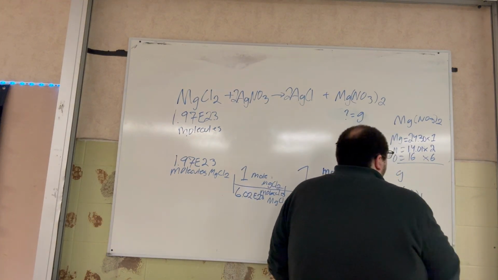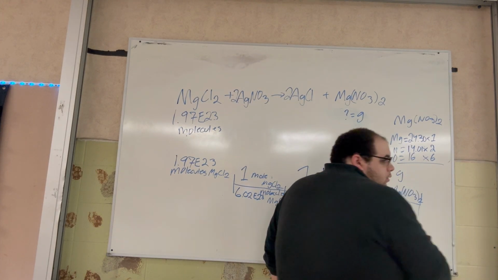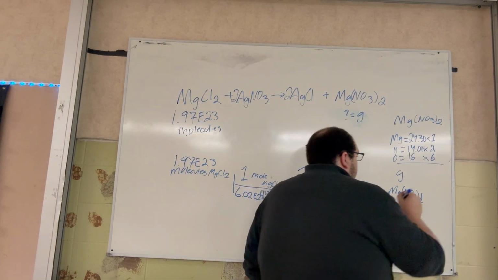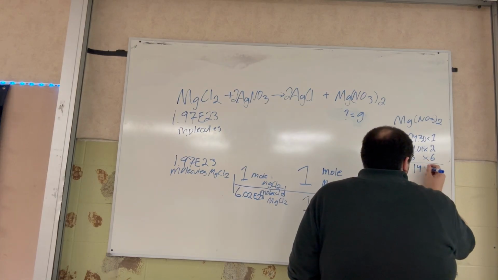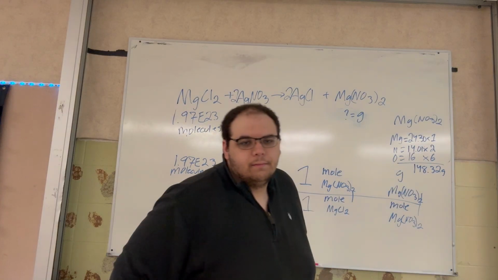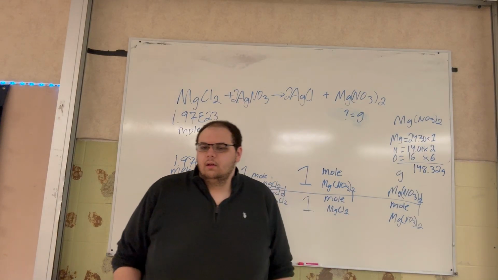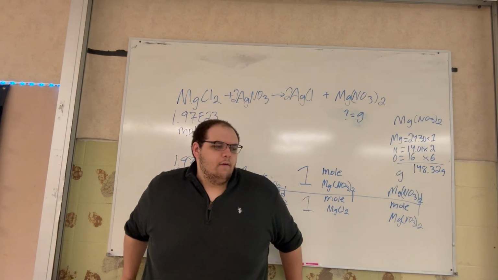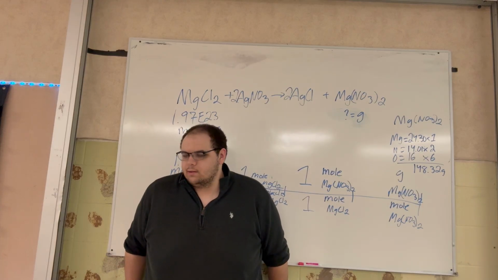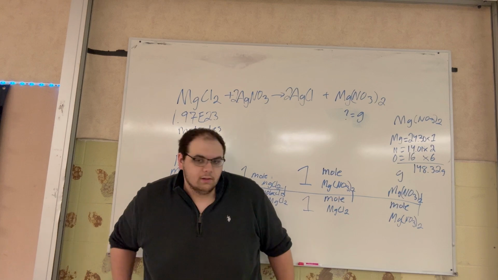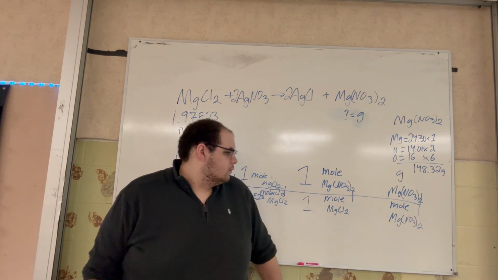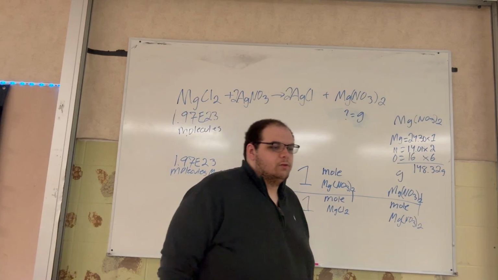Reagan, what'd you get? 148.32. 148.32 grams. I agree. If you're not getting 148.32 when you're calculating, we need to talk and figure out why. Wait, so what do you put on the bottom for the moles of magnesium? Do you just put 1? What's your roadmap say?